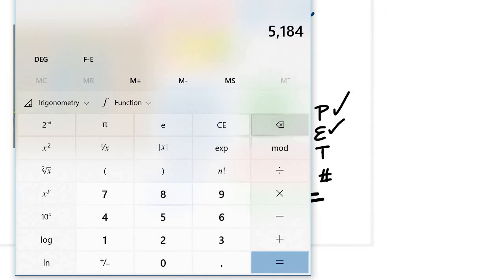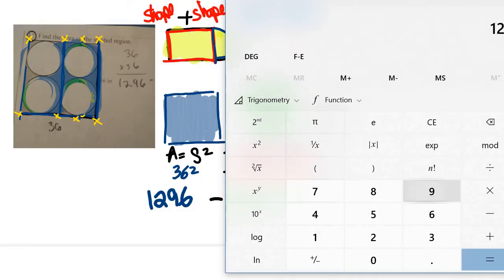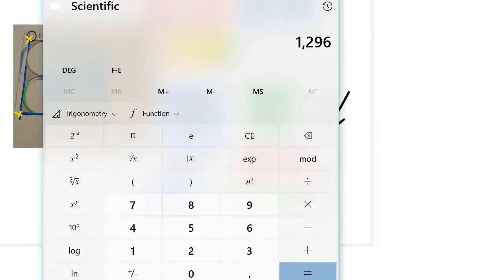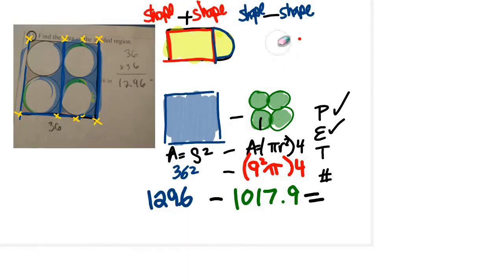Whoops, what did I just do? I multiplied. So 1296 minus 1,017.9, and I'm getting 278.1. Check for units. Doesn't look like you have any units, so you just write units squared.